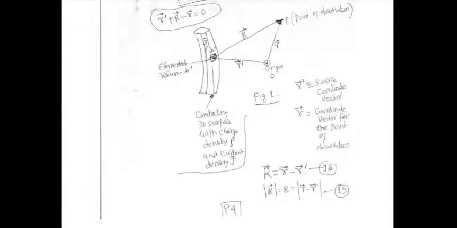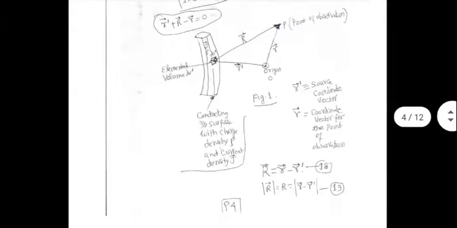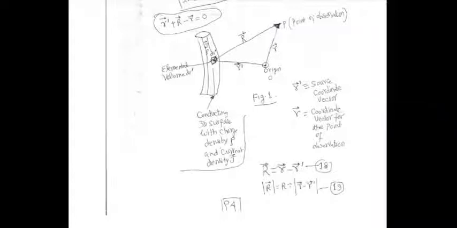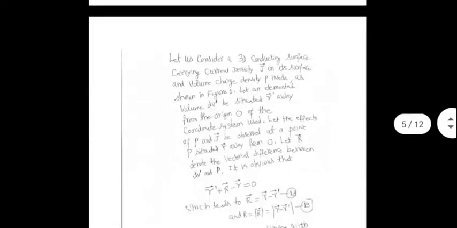Now, for this case, electrostatics and magnetostatics have got formulas for A and V already. They are available in many books, including Jordan and Baldwin's book, which I'll be sharing with you electronically soon. Those formulas need to be generalized for time varying cases.